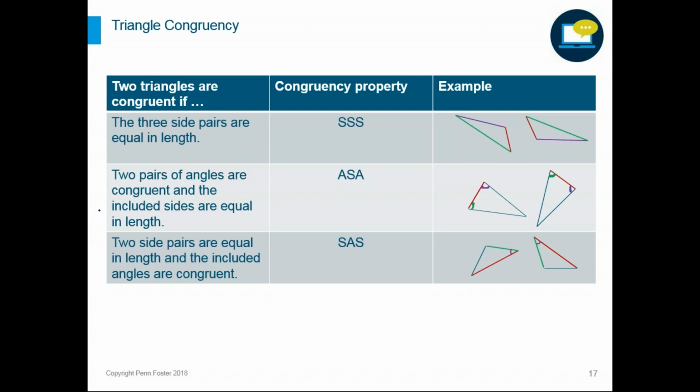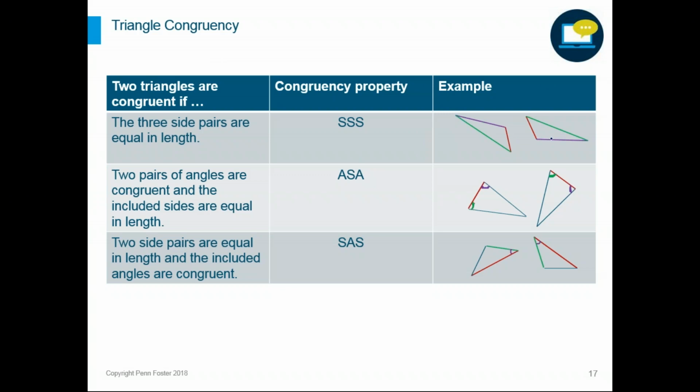So the three ones I have are these three. These are what we call them. This is the shorthand of the method or the property. And I just gave you a little example, just to remind you about the property. The first way that would make two triangles congruent is if we find that each corresponding side pair has the exact length.